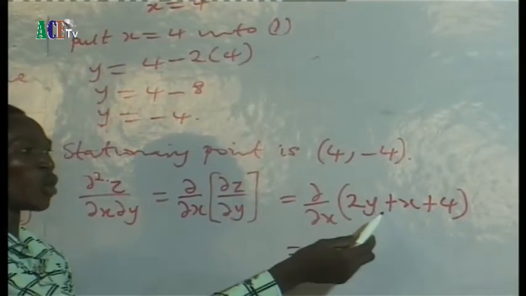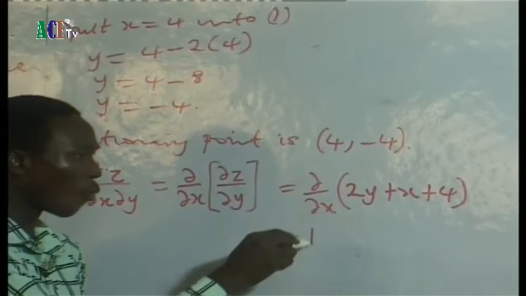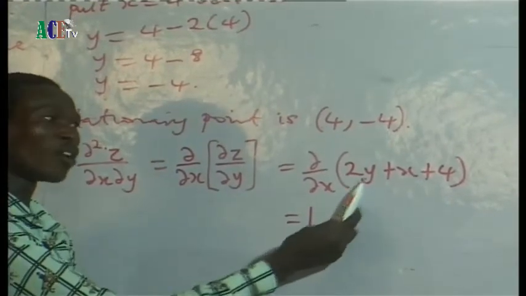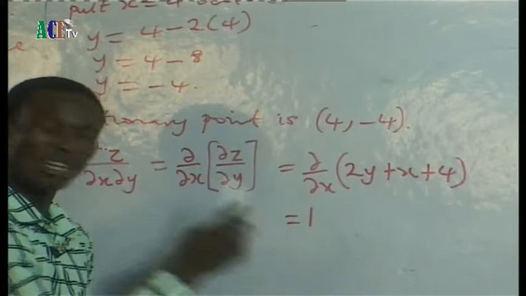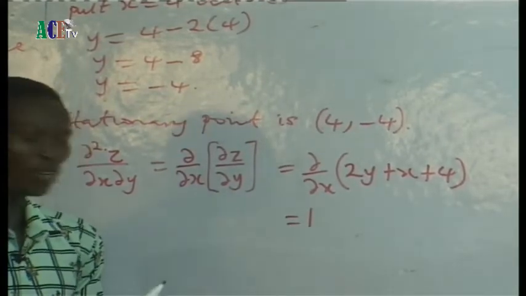If I differentiate this one with respect to x, it will give me 1. Because this one will be 0, this one will be 0, and the derivative of x will be 1. So that is equal to 1.